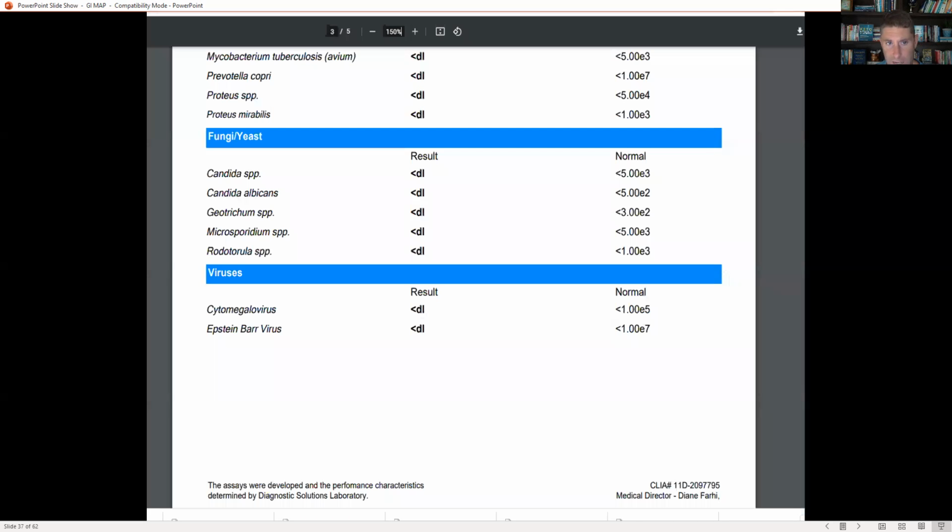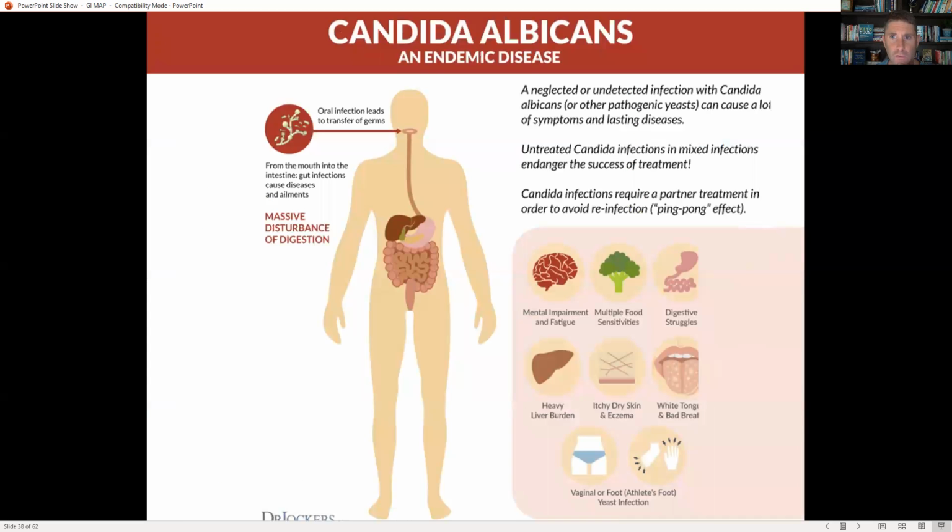Now you can see Candida here, different types of yeast. What is Candida? Candida is something that lives inside of us. It's a yeast organism, and it's actually normal in our body. However, if we're not taking good care of our body, with low stomach acid, stress, and high starch, high sugar diets, we can develop a Candida infection, and that can cause more problems.